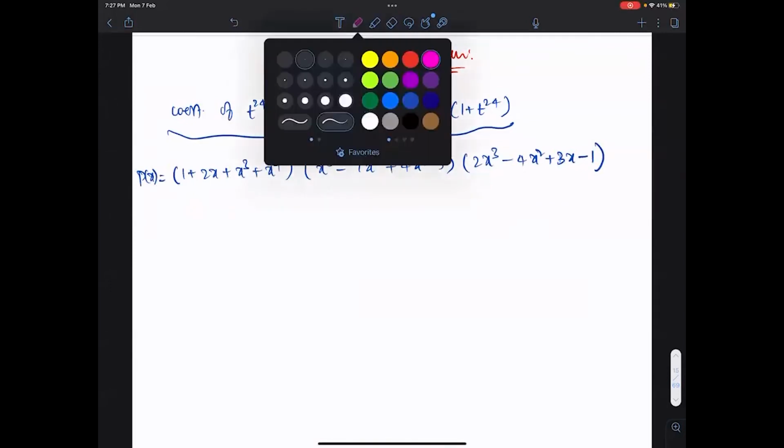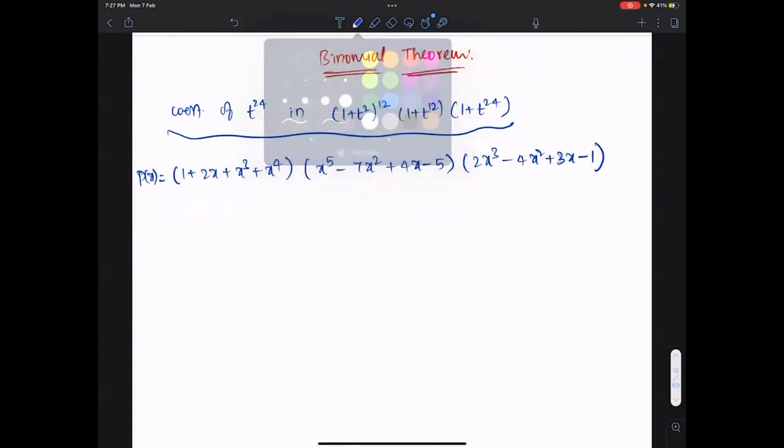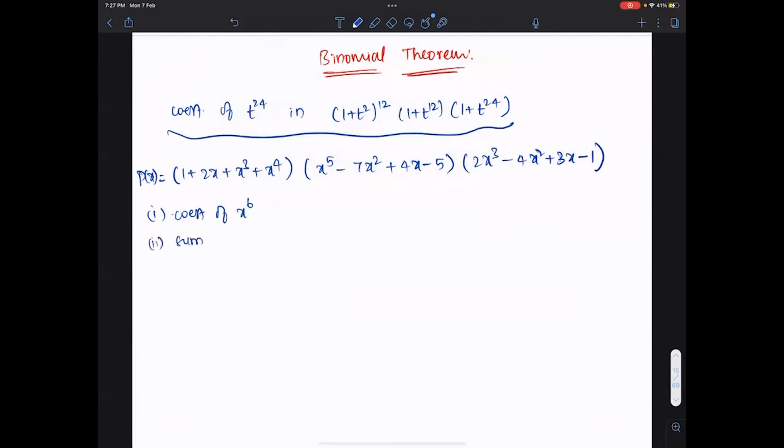In this polynomial, there are some questions which I want to ask one by one. I'll write down, you answer. What is the coefficient of x power 6? Second, the sum of coefficients of all terms after expansion. That means after you expand this and remove these brackets, you will get a big polynomial, right?